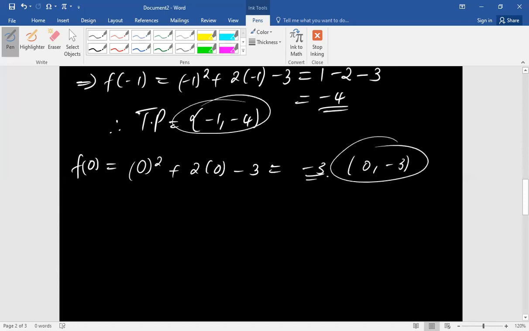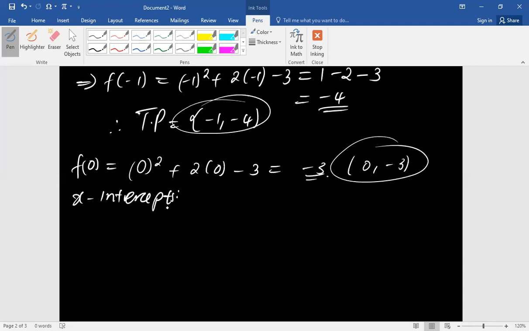These are very, very important points. And we need one more point, which is the x-intercept. This is the point where the graph touches the x-axis. Remember, for the y-intercept we say that x is equal to 0.